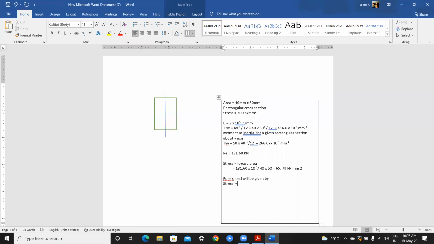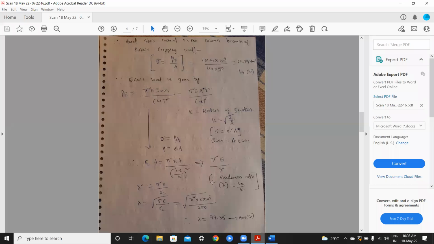Stress equal to force by area, so we can write P is equal to stress into area. Can we write like this? Yes, sir. Okay, now P is equal to stress into area. So P is equal to sigma C, the crippling load, sigma C into A, and as it is our formula, pi square E I min.